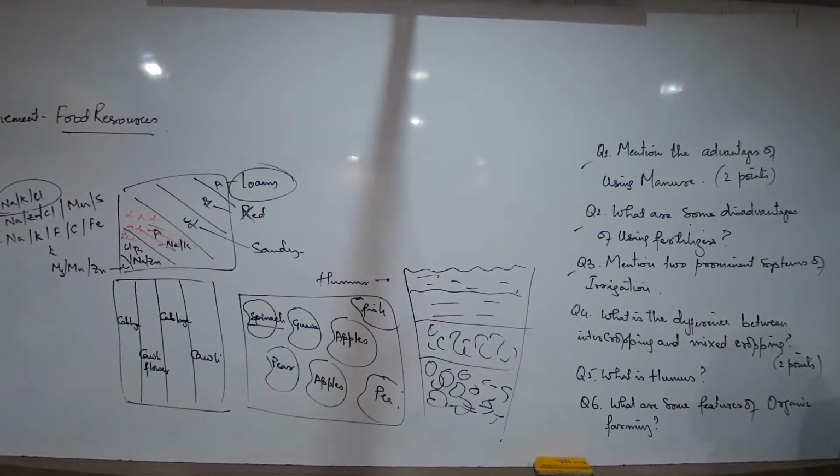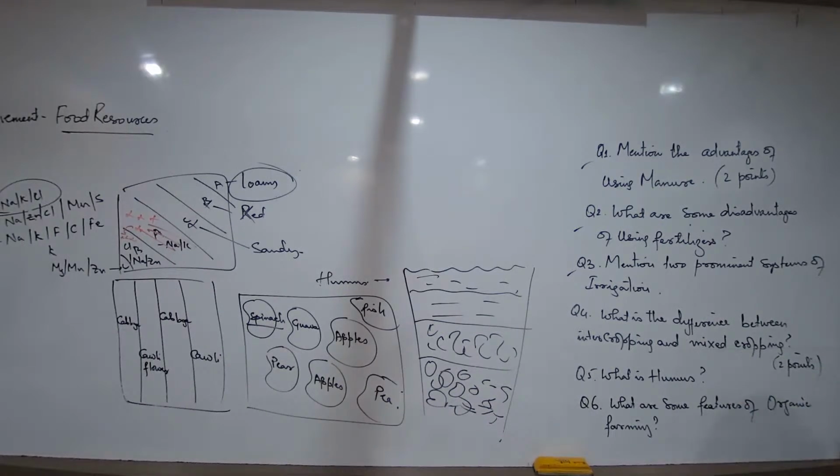Fewer types of crops are grown in intercropping. For mixed cropping, write: more types of crops are grown by this method. More than 3, 4, 5 types can also be grown in mixed farming. More types of crops are grown together in this method.